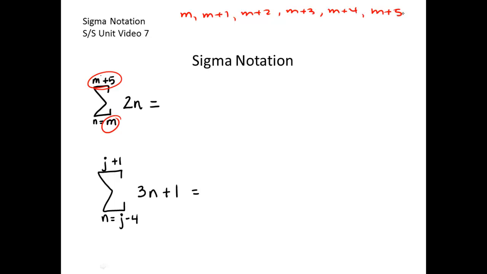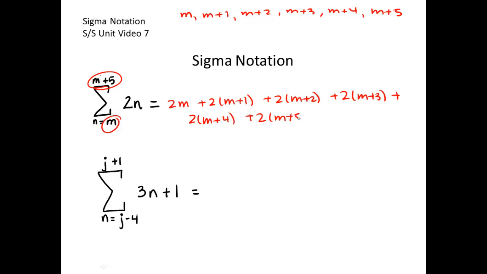That's the same thing as counting 1, 2, 3, 4, 5, 6 because I'd be just adding 1 to each. So this is what I'm going to be substituting in for n. It'll be 2 times m plus 2 times m plus 1, plus 2 times m plus 2, plus 2 times m plus 3, plus 2 times m plus 4, plus 2 times m plus 5.